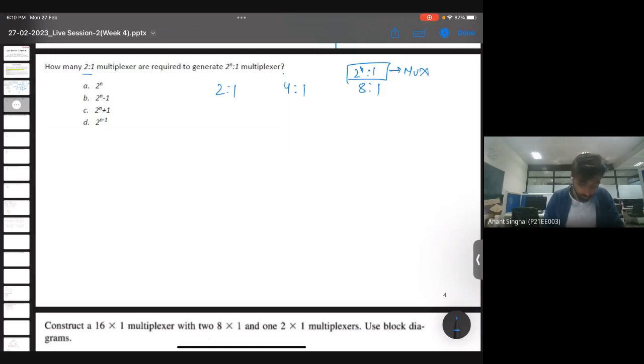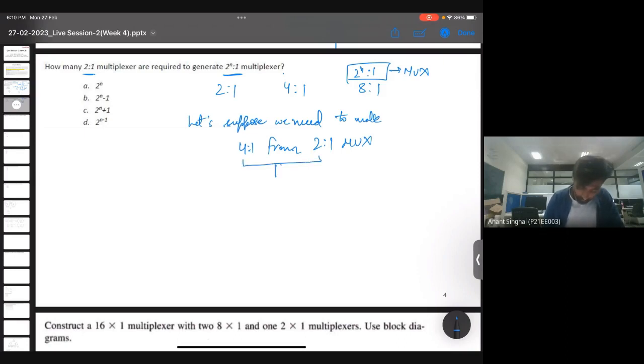The question says how many 2 cross 1 muxes are required to generate 2 to the power n. There is a basic terminology attached to it. Let's suppose we need to make a 4 cross 1 mux from 2 cross 1 muxes. There is a shortcut which can be applied here. We divide the number of inputs of the mux we want by the number of inputs of the mux we have.